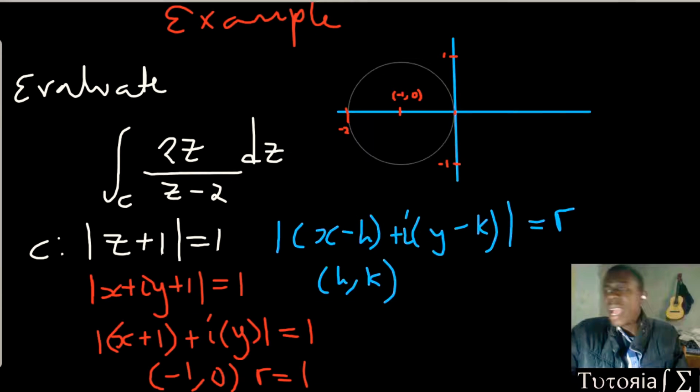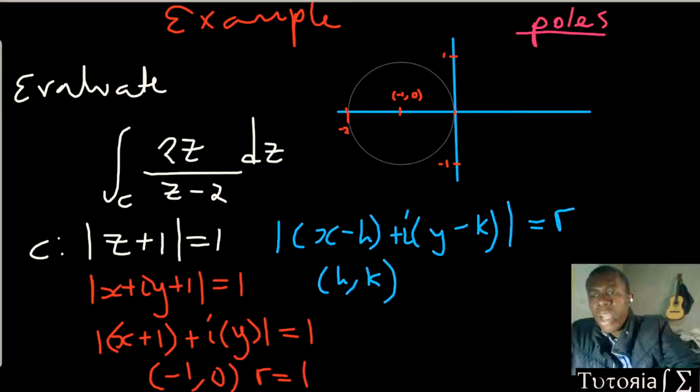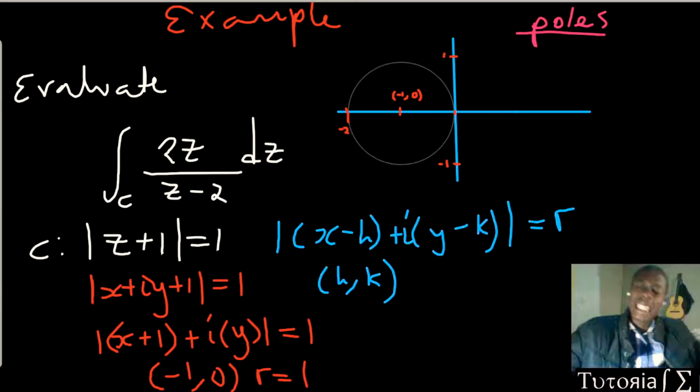All right, so from here, after you find your circle, you need to find the poles. The poles are points where this function is undefined. The poles are also called singularities. So this is where this function is not analytic or is undefined.